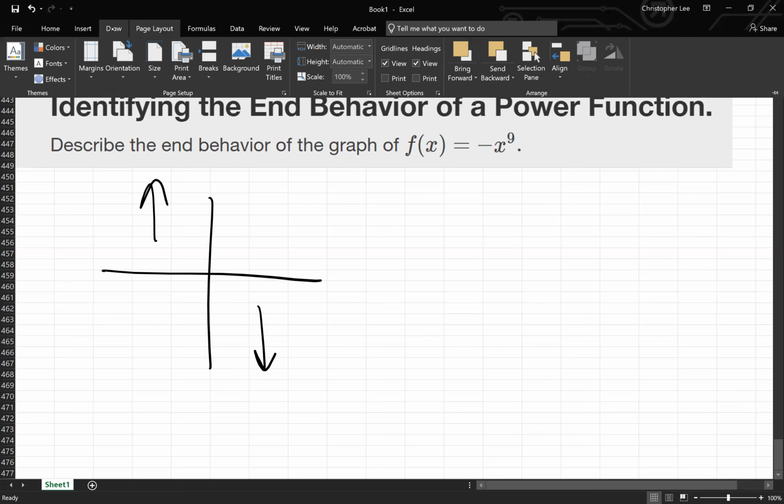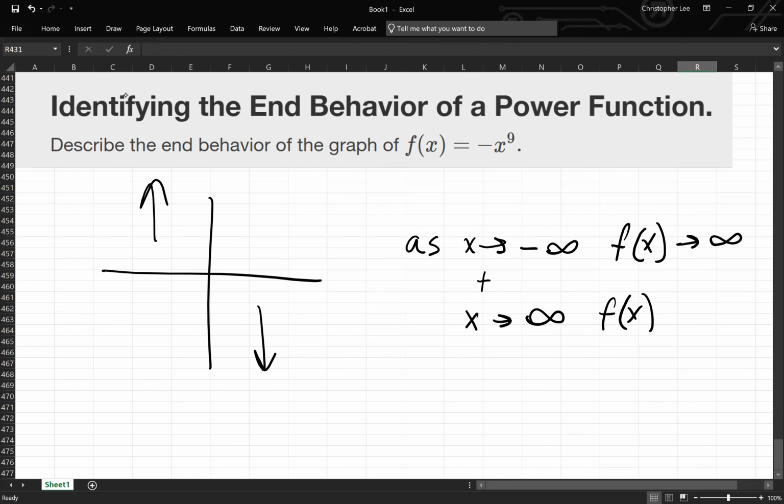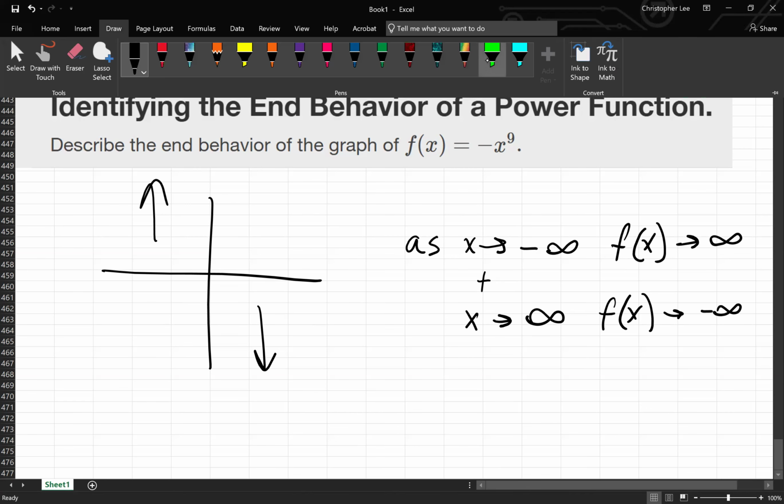So you could also say as x goes to negative infinity, f of x goes to infinity, plus as x goes to positive infinity, f of x goes to negative infinity. I'll take either one of those answers. It doesn't matter.